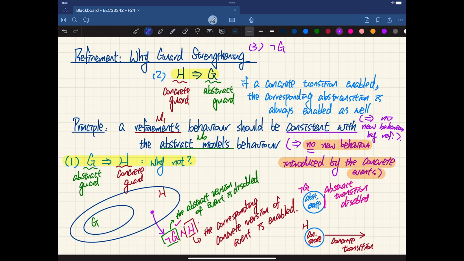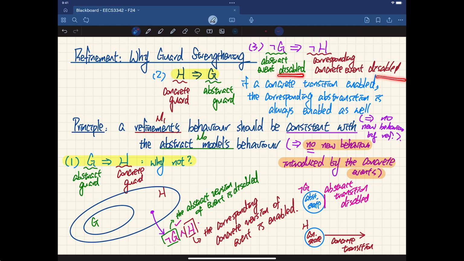Not G implies not H. Again, not G here means the abstract event is disabled. And here, not H means the corresponding concrete event is also disabled. Notice that I say disabled because I got a negation over here. All right, so that's the final interpretation.